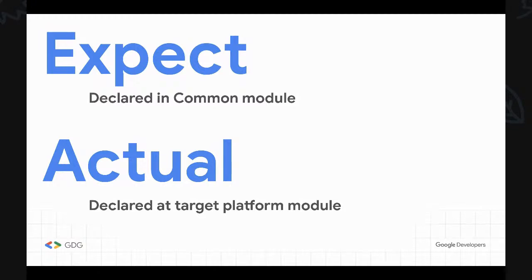In the common main, we use the expect keyword, which means that we expect to find this object or class or whatever we want in the targeted main. And for this, we use the keyword actual in the targeted platform main to say that this is the actual object or class or even function that we expected to find in our target main.